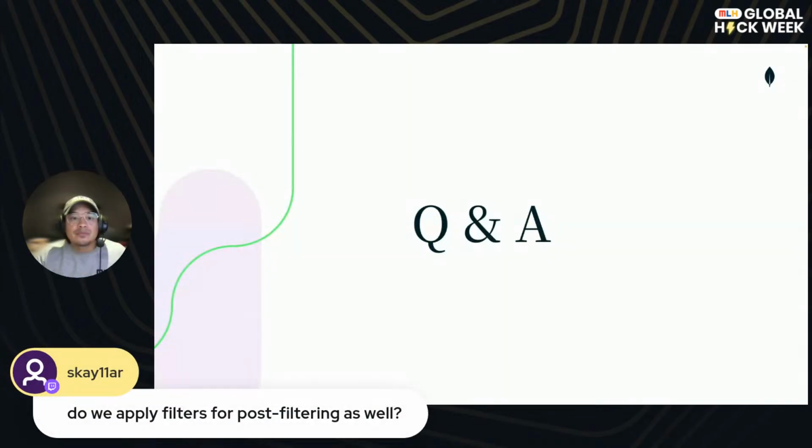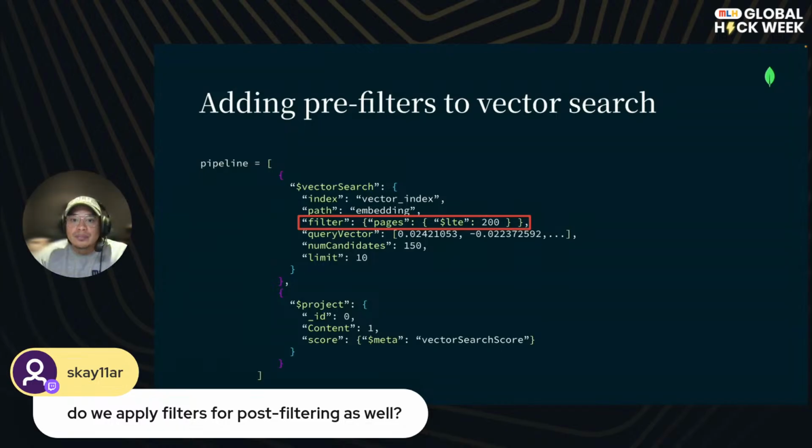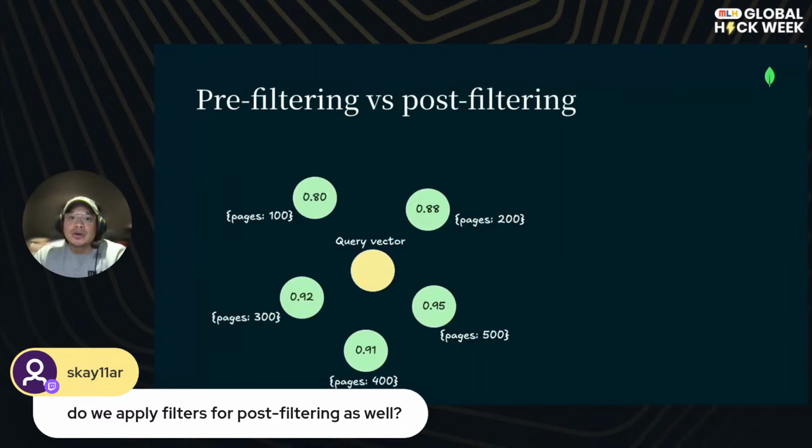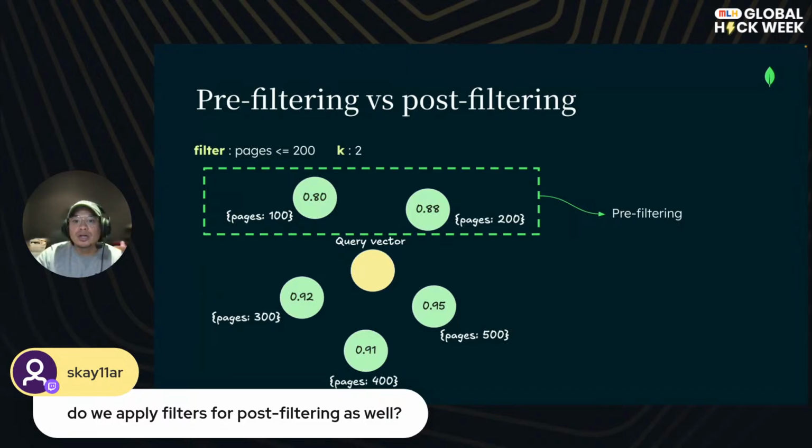Do we apply filters for post filtering as well? As I mentioned before, you're not going to want to do post filtering. The reason for that is post filtering versus pre filtering. In this example, let's say you want to find all of the books that have less than 100 pages. If you pre filter, it's going to exit as soon as it finds these two things, especially if you're limiting the number of items you want to retrieve to the top 2 candidates.